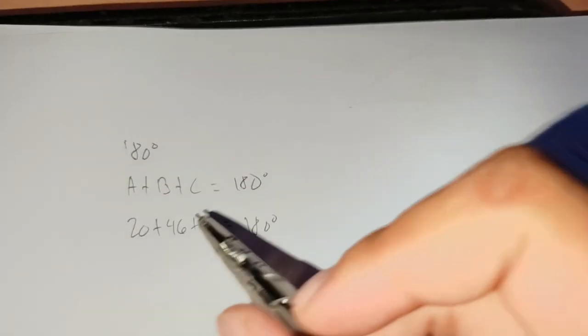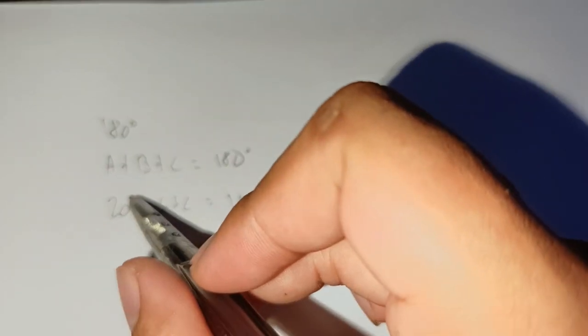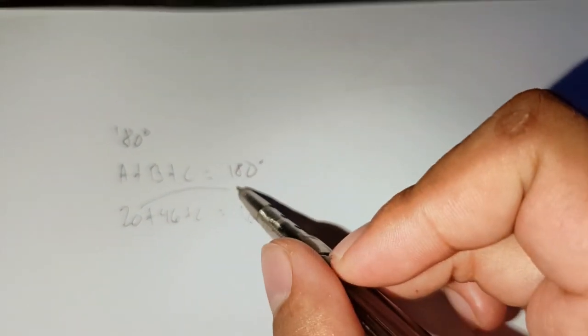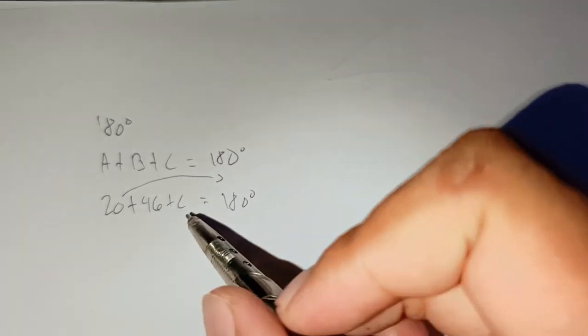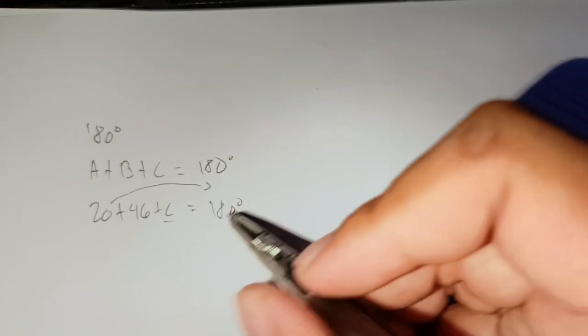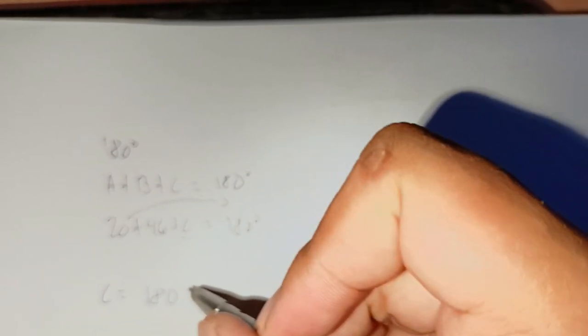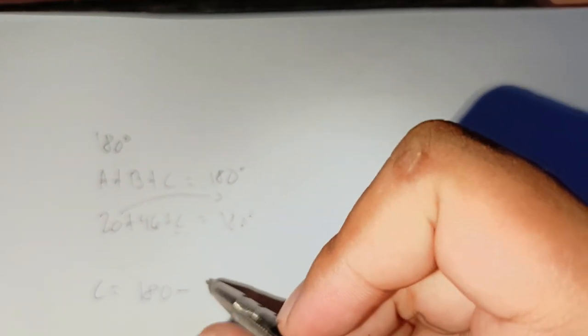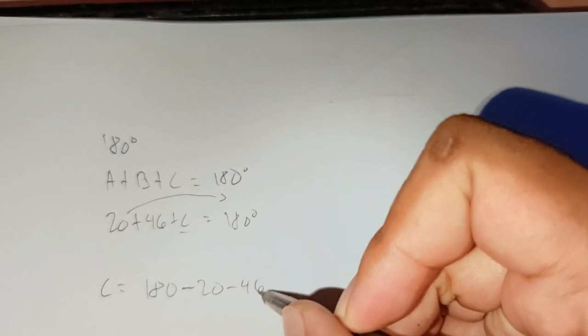Since our goal is to find C, we move the other terms over, so C is equal to 180 minus 20 minus 46.